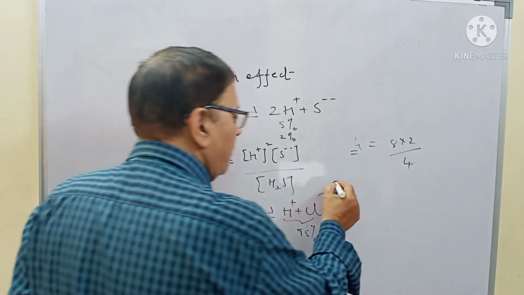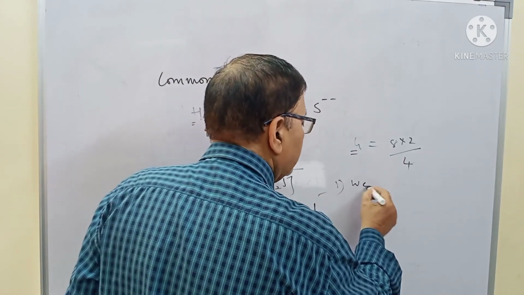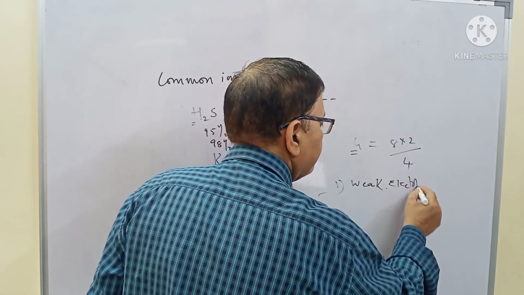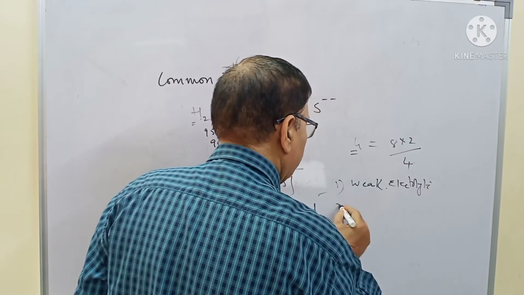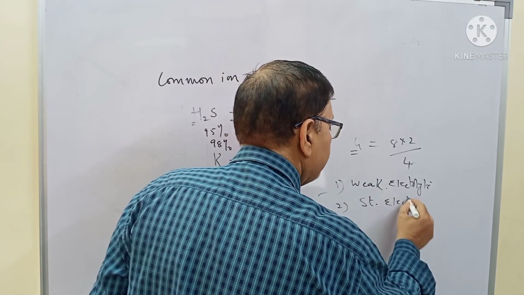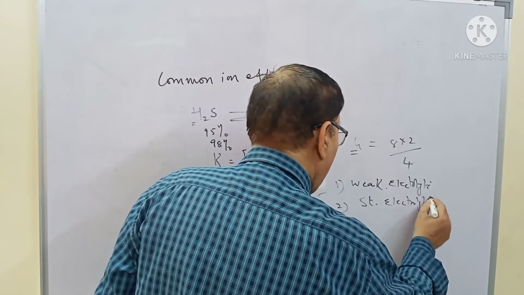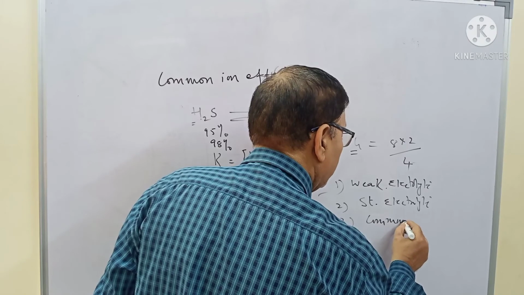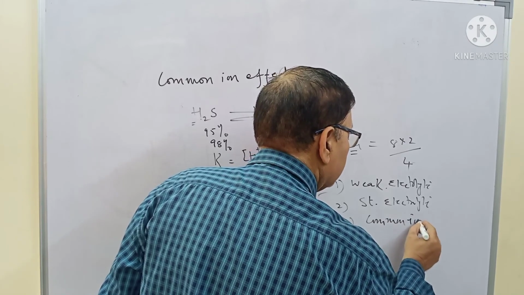So what were the points? One, if to a weak electrolyte, second, a strong electrolyte is added containing the common ions. Now this is very, very important: common ions.